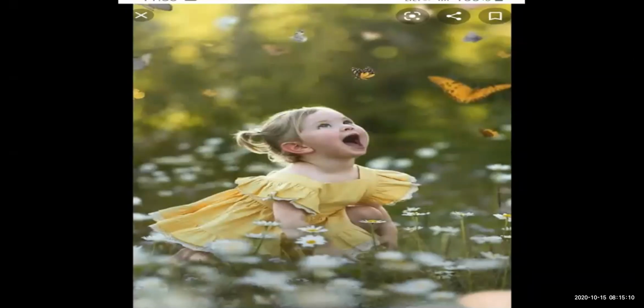Look at this picture. Here, the poet's sister, Emmeline, was very fond of butterflies. She likes butterflies very much, but she is afraid of them.